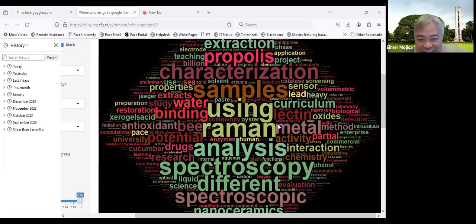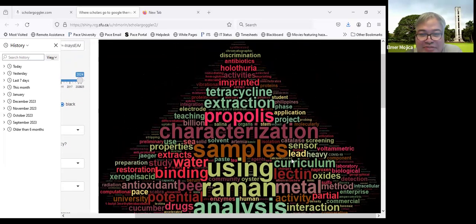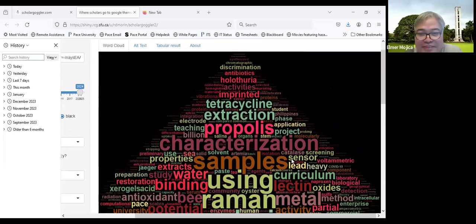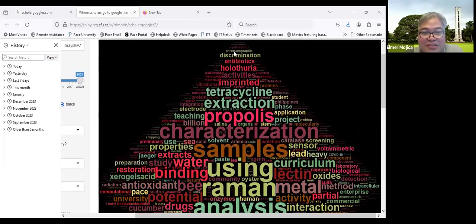Are there many oysters that came out? Do you see the oysters? If you look at chromatography, that's only one. And if you look at the other one, voltammetric, that is what?